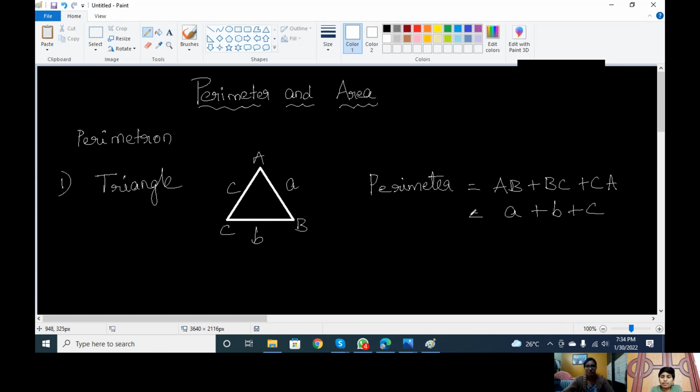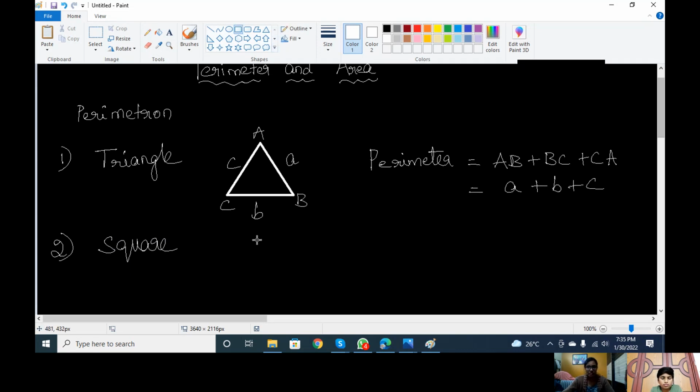Next, the four-sided figure, square. Let's recollect the topic of square. It's named ABCD again. Square means all the sides are equal, right? It has four sides, all equal. So how to measure the perimeter?